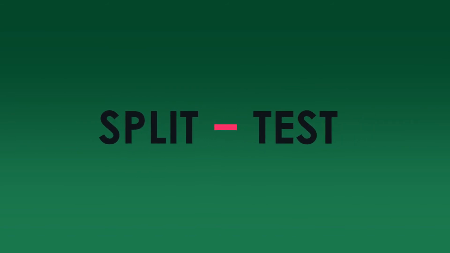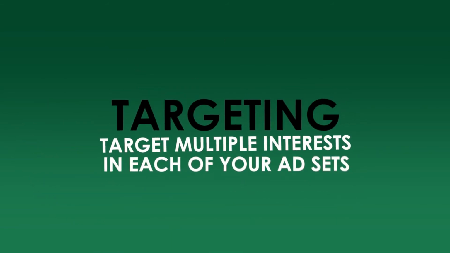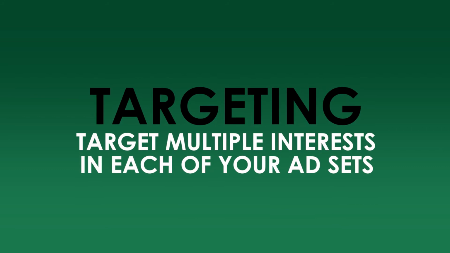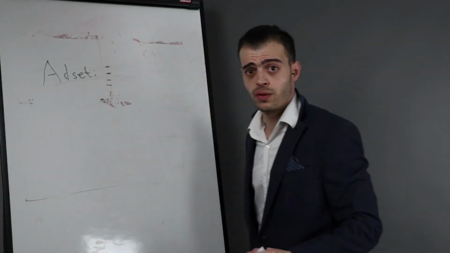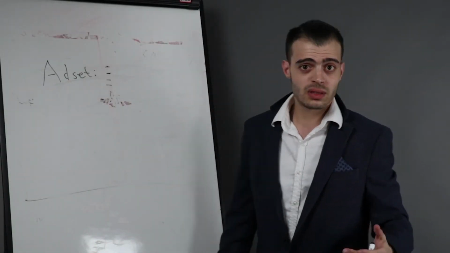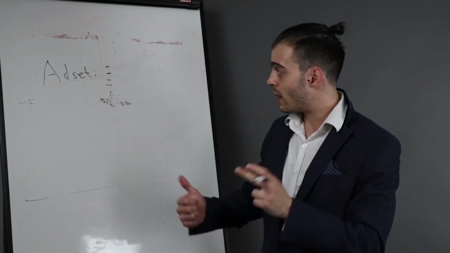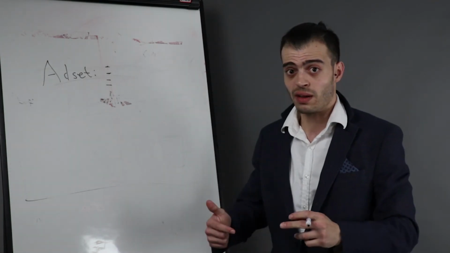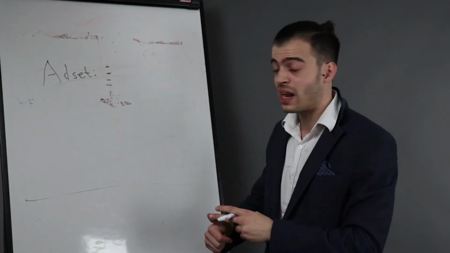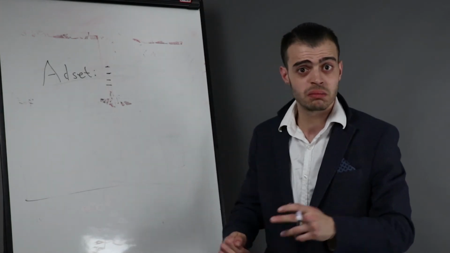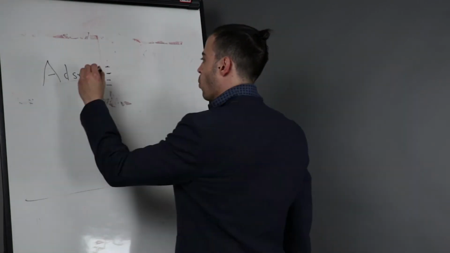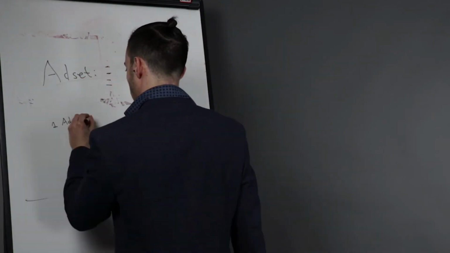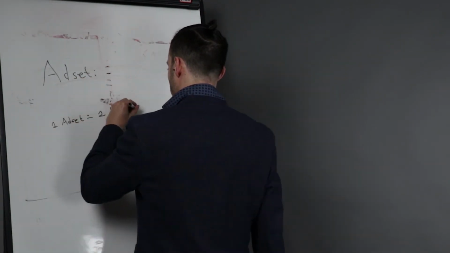Now, how do you start? You have your targeting, right? Because you want to target people, and here you will have multiple interests. That's another point of confusion for many people: do I have to create one ad set for each interest? Do I have to create one ad set for another batch of interests, like 5, 10, 20 interests? And the right way to do it is one ad set equals one interest.